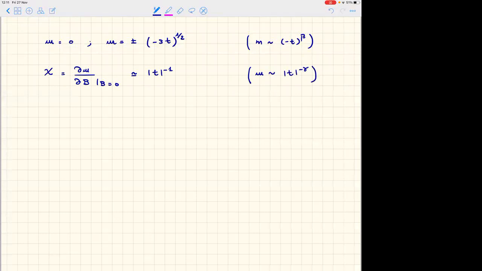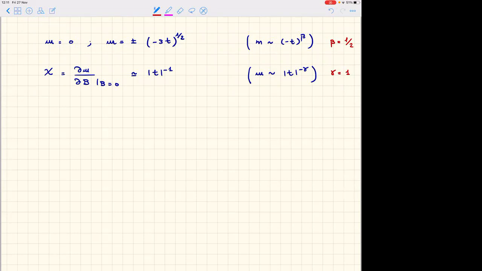Beta and gamma are objects known in the theory of phase transitions as critical exponents. Mean field theory is predicting for these two critical exponents beta equal to 1/2 and gamma equal to 1.